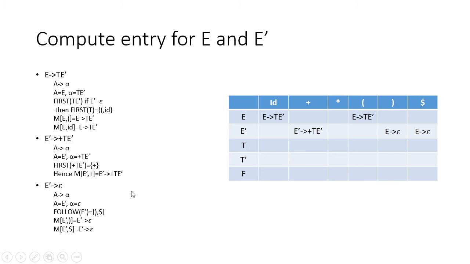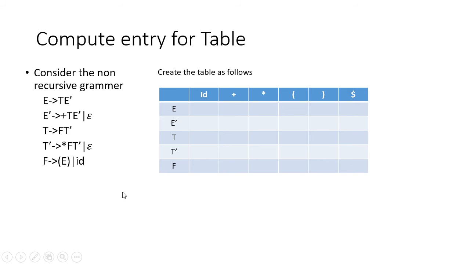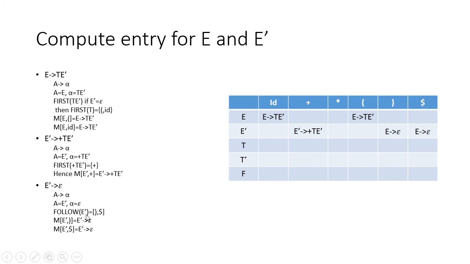Now let's look at this. First of alpha is epsilon. So what is happening is it says follow of E dash. Let's look at the grammar again. It says follow of A. So A means this A, the starting symbol. You see the starting is A. So in this one we're having follow of A, where A means E dash. Follow of E dash is how much? A closing bracket and a dollar.